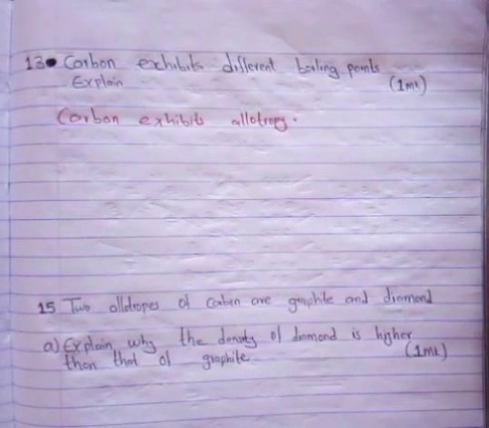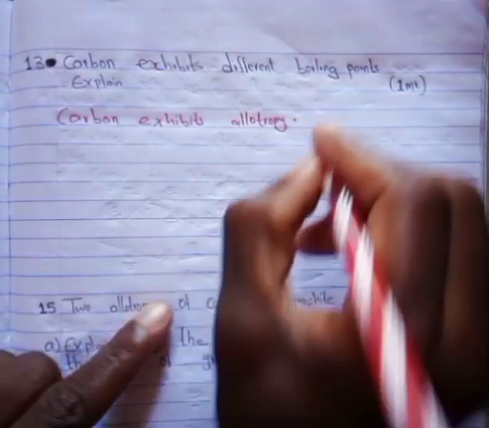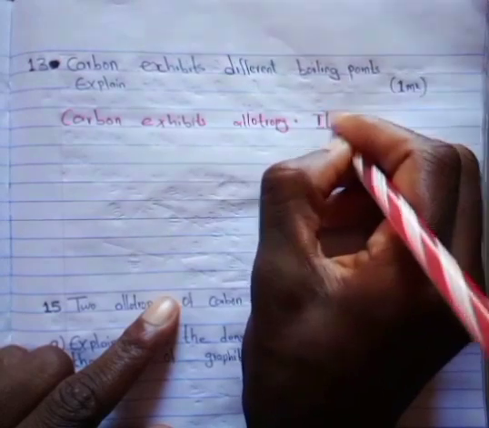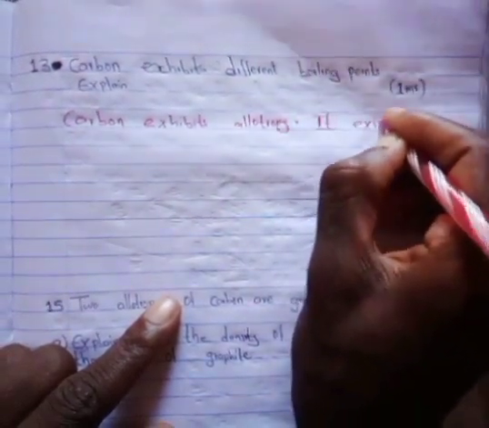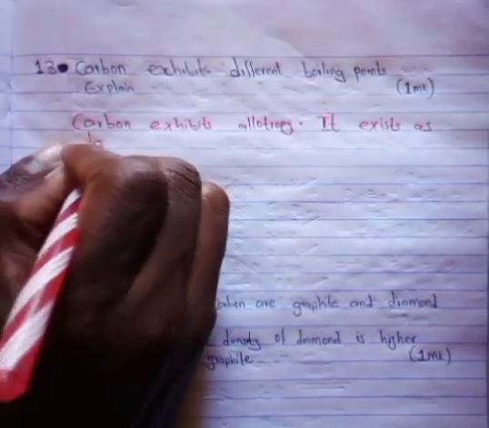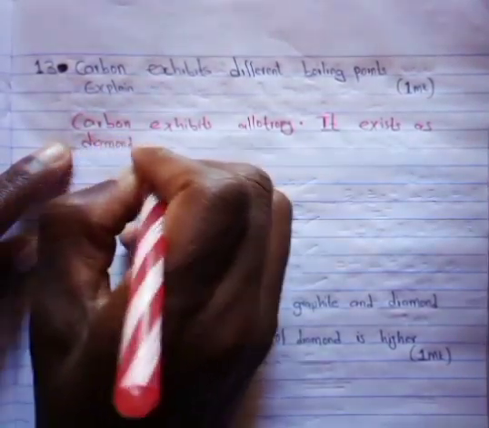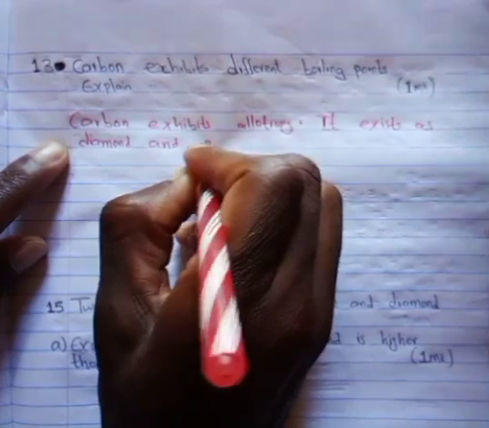In other words, one element exists in more than one form in the same physical state. So carbon exists as diamond and graphite.